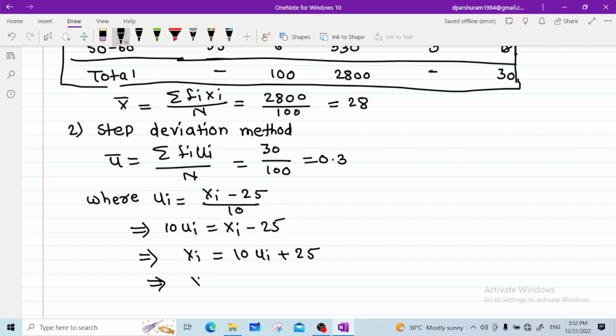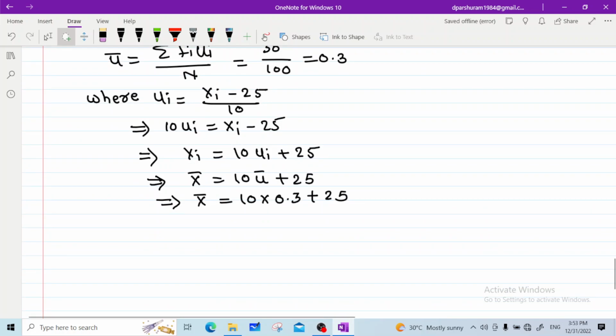This implies x bar is equal to 10 u bar plus 25. Putting the value of u bar, that is 0.3, in this equation, x bar is equal to 10 into 0.3 plus 25. 10 into 0.3 is equal to 3, so 3 plus 25 is equal to 28. Okay. So, the mean marks of students are 28.